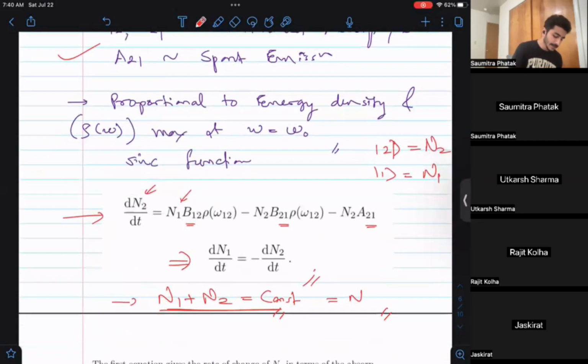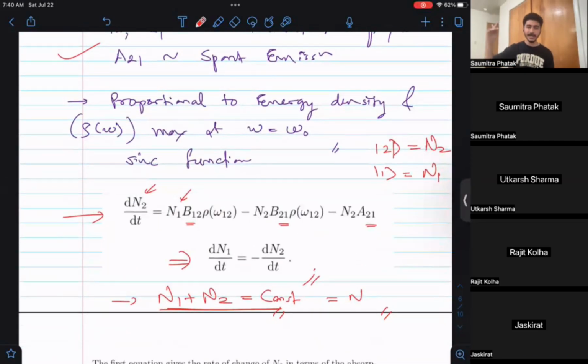So that's why the change in population of the excited state has to depend on just these three coefficients. The B coefficients, like we talked about, are there because of the perturbation that we have incident. So they depend on the laser characteristics that we have applied.